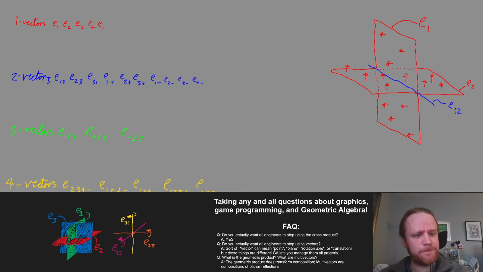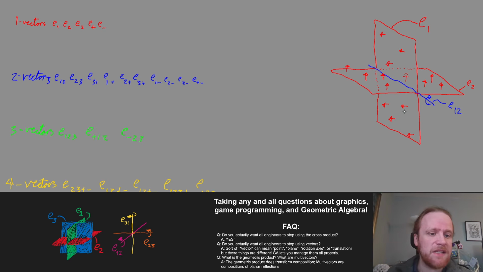Oh, sorry. There's E12. And E12, because it's made from E1 followed by E2, has also a little bit of markup, and it goes like this. Because E12 is a 180 degree turn, you see.